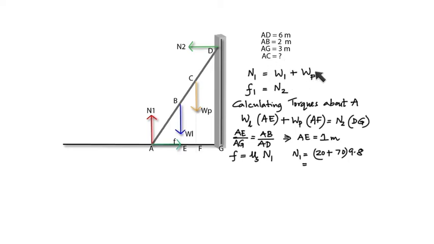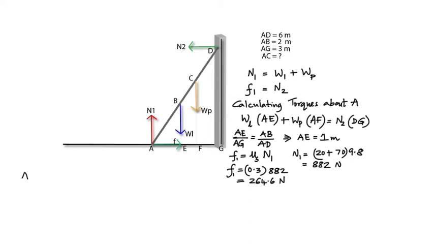So when you multiply it with 9.8, you get the normal force in newtons. So that's what I've done, 20 plus 70 times 9.8 to get the normal reaction in newtons. Once you get that, we can find the friction. 0.3 times 882 gives 264.6 newtons. That is friction.